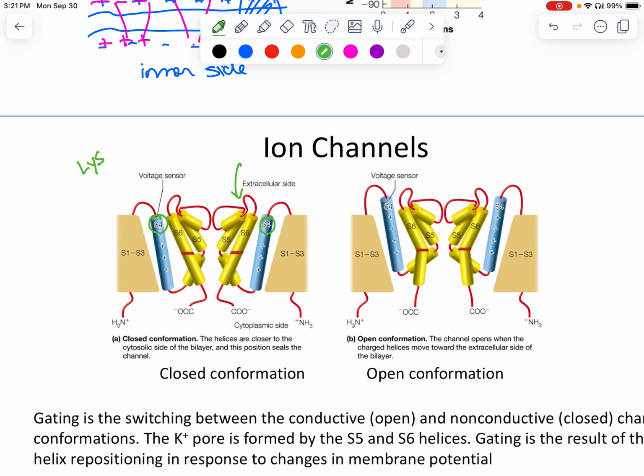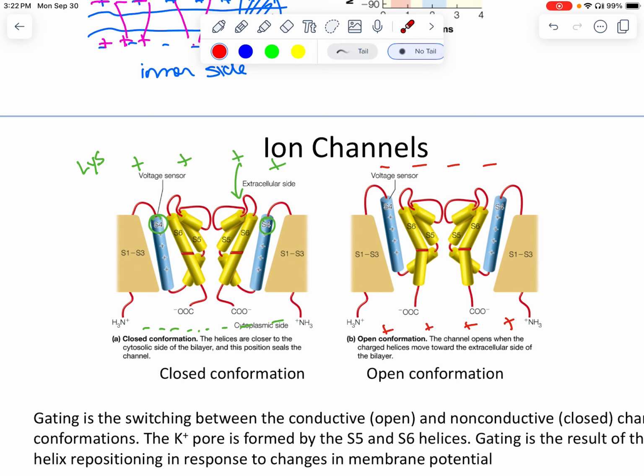Well, if this is the inside of our cell, we know we've got a lot of negative charge. If this is the outside, we know we've got positive charge. So if these ones shown in blue are positively charged, they get pulled down and it keeps this gate in the closed position. But when this positive, negative cell potential is disrupted somewhere along the way, now we have negative out here, positive in here.